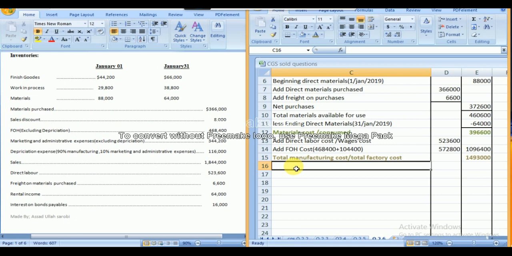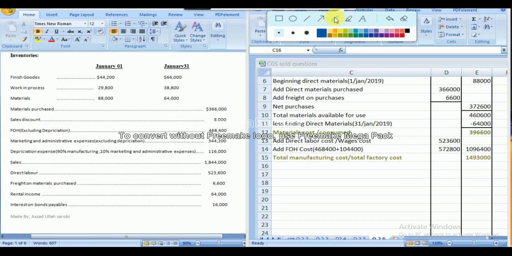But look at, we also have some work in process already remaining from December, which is 29,800. That is the remaining work in process of the previous month. How much? The 29,800.